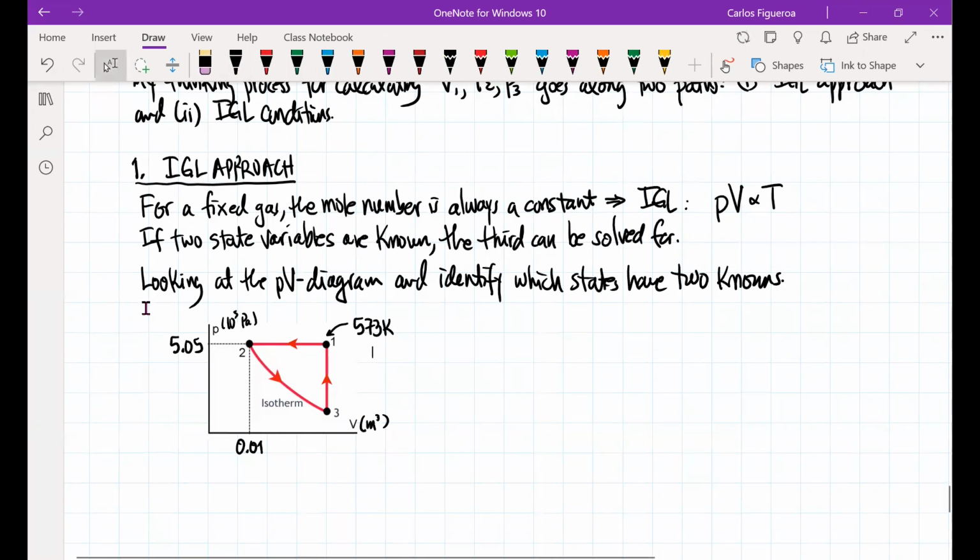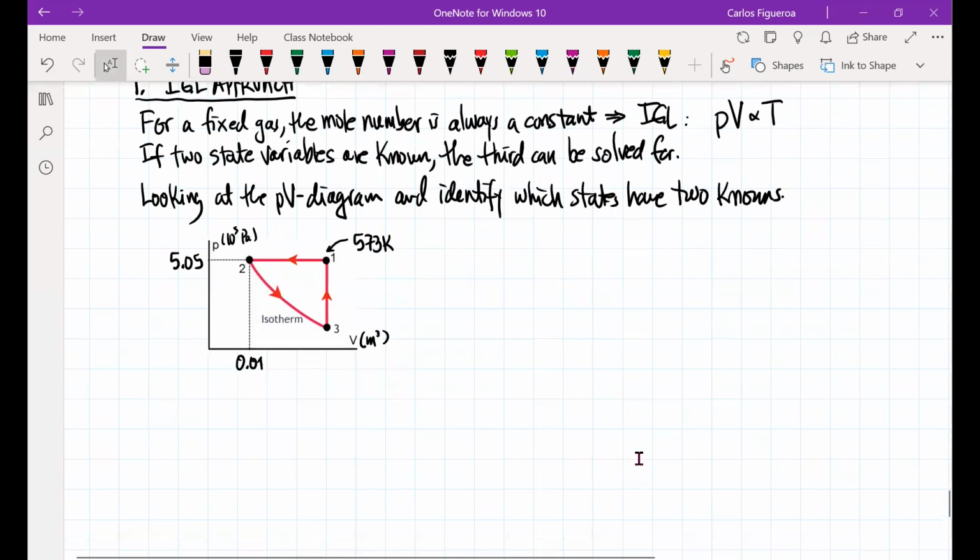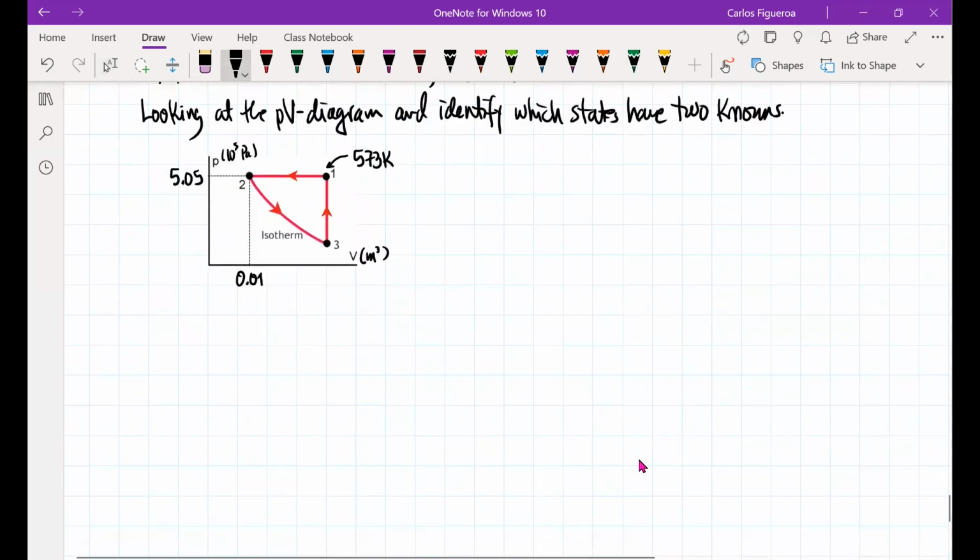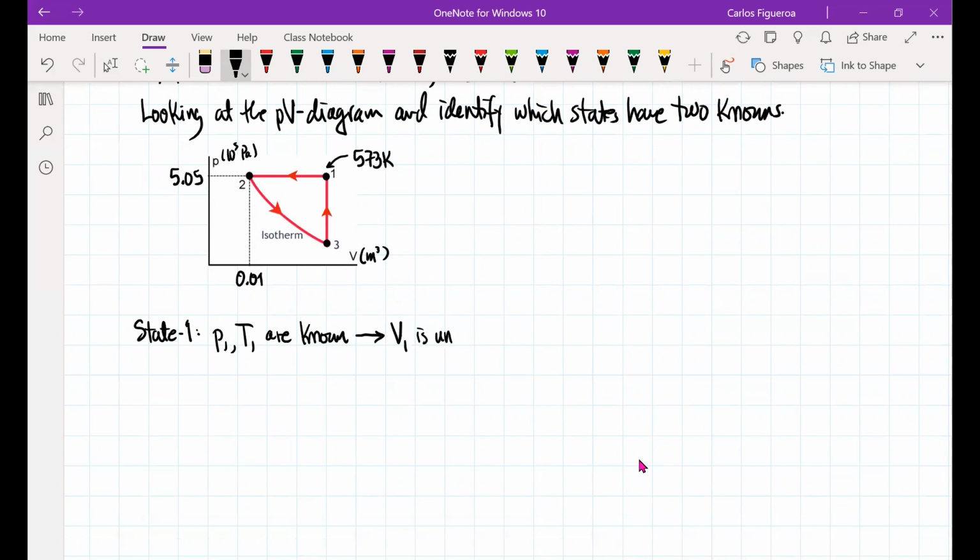So if I use the ideal gas law, now look at state 1. P1 and T1 are known, but V1 is unknown. So that means I can apply the ideal gas law.